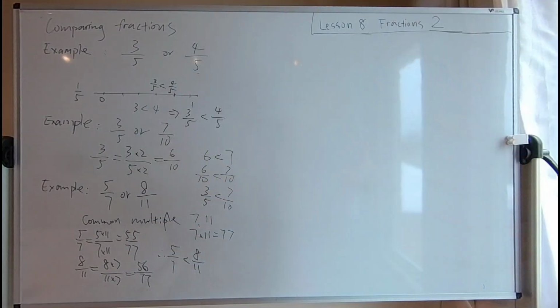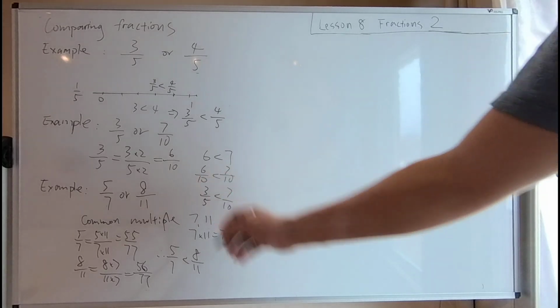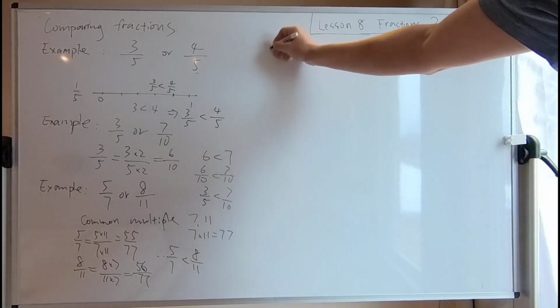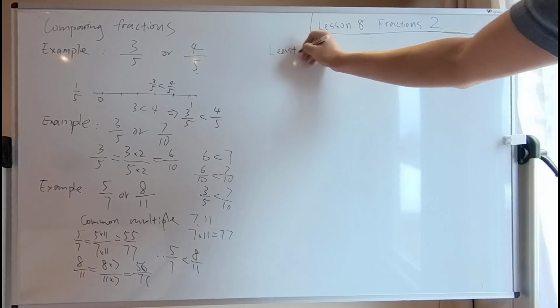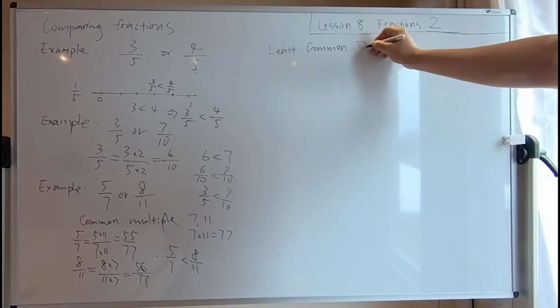And obviously you don't want your numbers to get overcomplicated. So we're not just finding the common multiple, but the least common multiple, or the least common denominator.